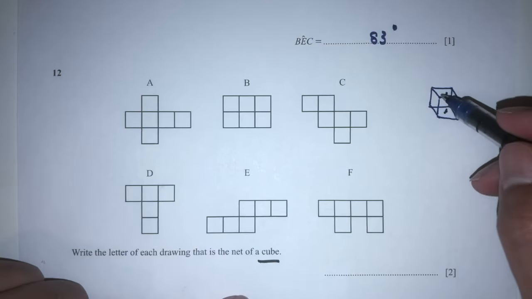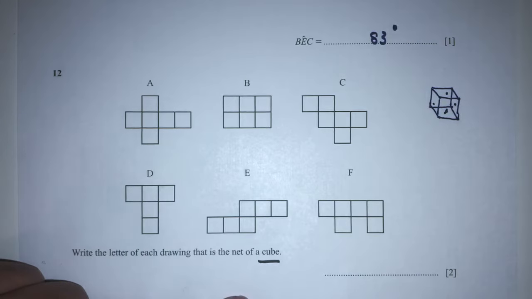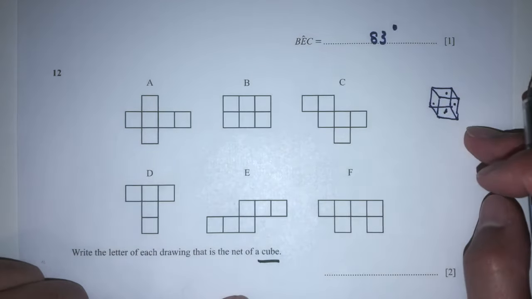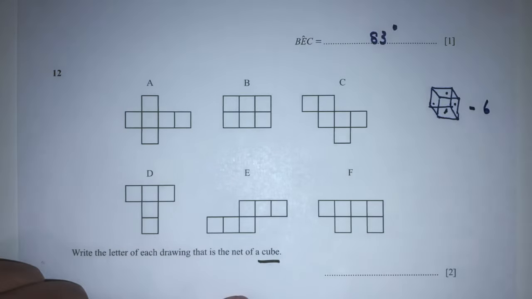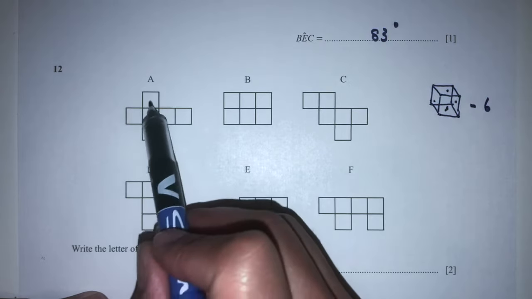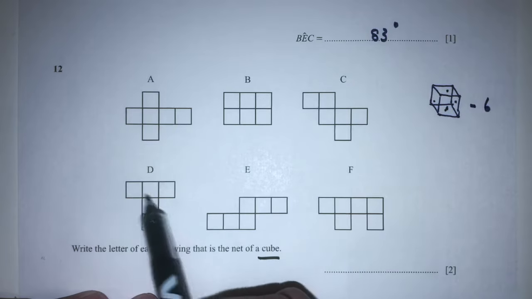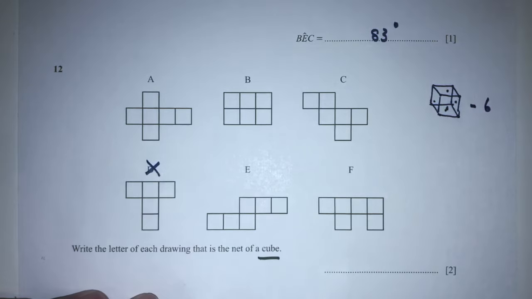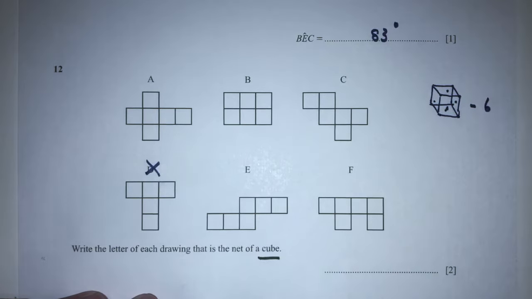So 1, 2, 3, 4, 5, 6. From what I can see, we know that a cube has 6 sides. Now, let's see which one does not have 6 sides in our answers. Here we have 6, here we have 6 as well, here we have 6, oh, here we have 5, 1, 2, 5, so D cannot be your answer. And here we have 6, and here we have 6, good.